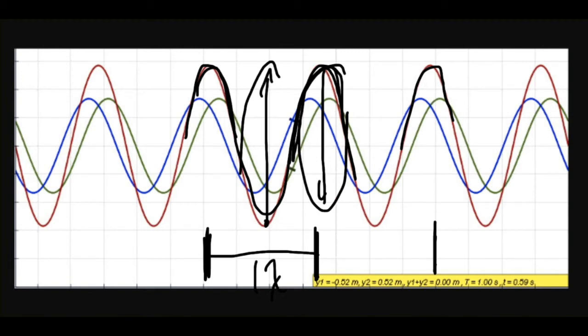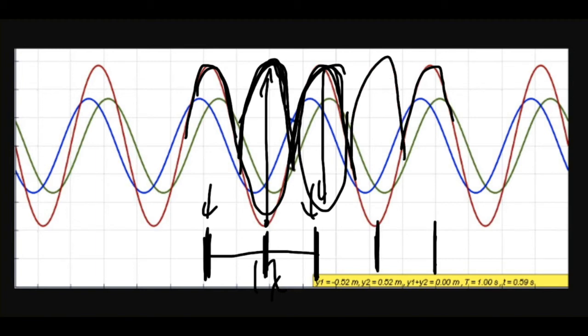So at the very next fraction of a second, this will be a crest, and all of a sudden you'll see a line right here. When you see this line, these two lines would actually turn off. This one here and this one here would turn off, but this one would turn on. This one's going to go up to a crest at the same time this one is, and you see another line right here. So on a test or some kind of drawing, you might see a whole bunch of lines like this.